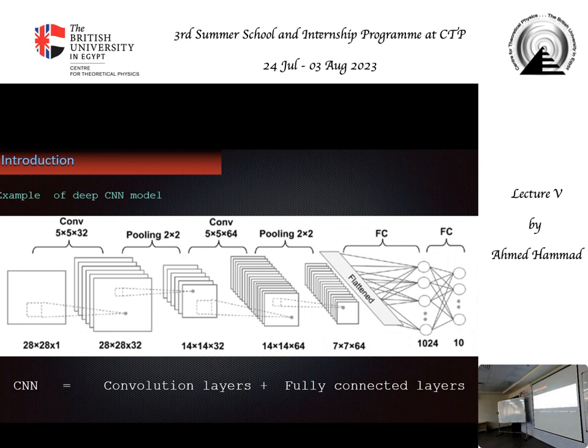You decide how many filters you have, and then these filters scan the image with some initial numbers. As long as you minimize the loss function, you will find that automatically these filters capture the useful features.